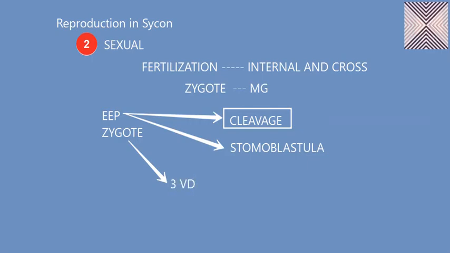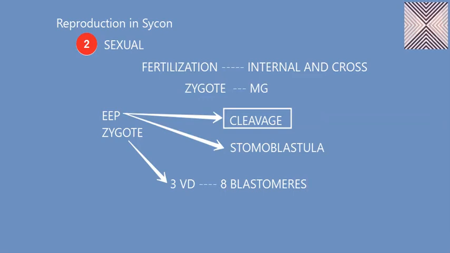Now when it is cut 3 times vertically, we have 8 blastomeres. So the first division will give you 2, the second division will give you 4, and the third division will give you 8 blastomeres.